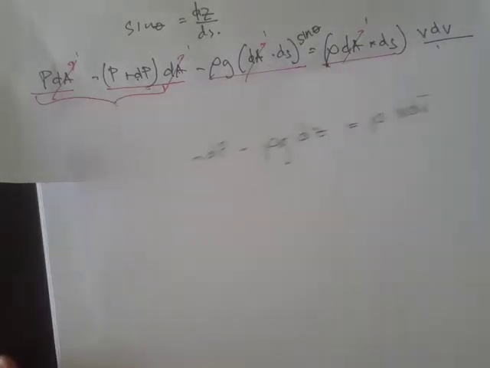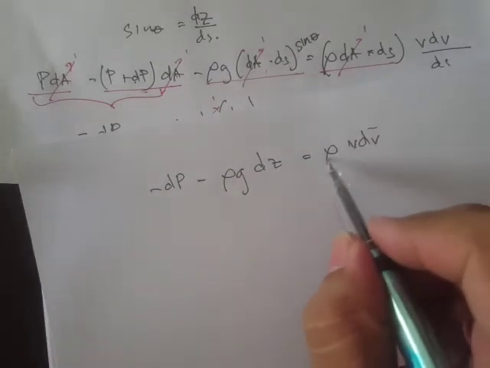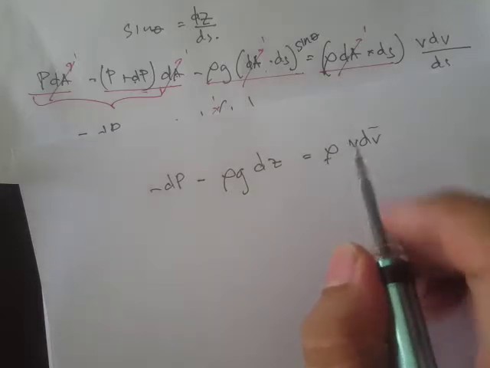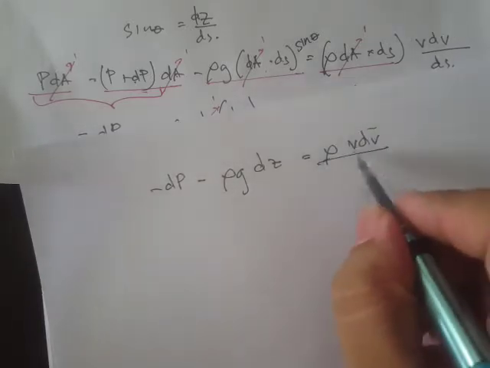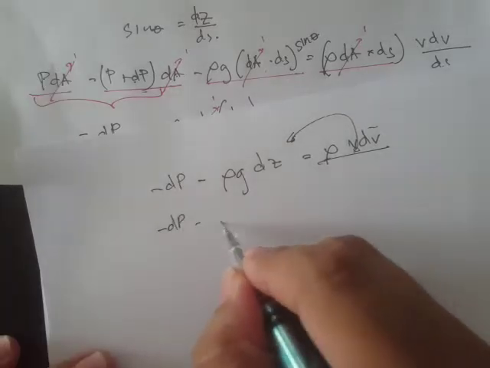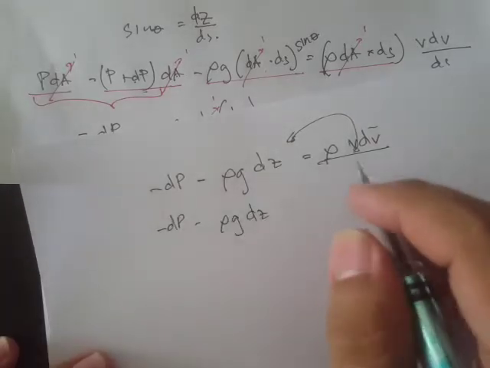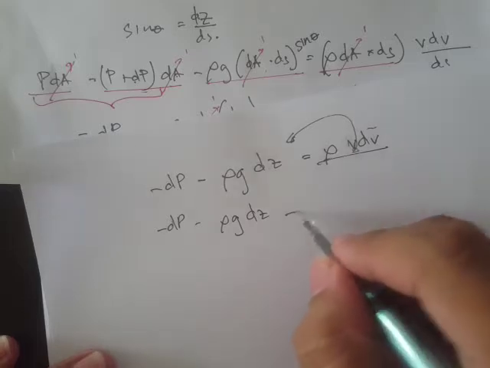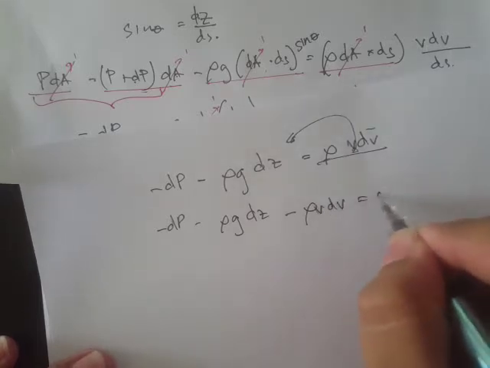Okay, now if we bring this term into the left hand side, what we get is negative dp minus rho g dz minus rho v dv is equal to 0.